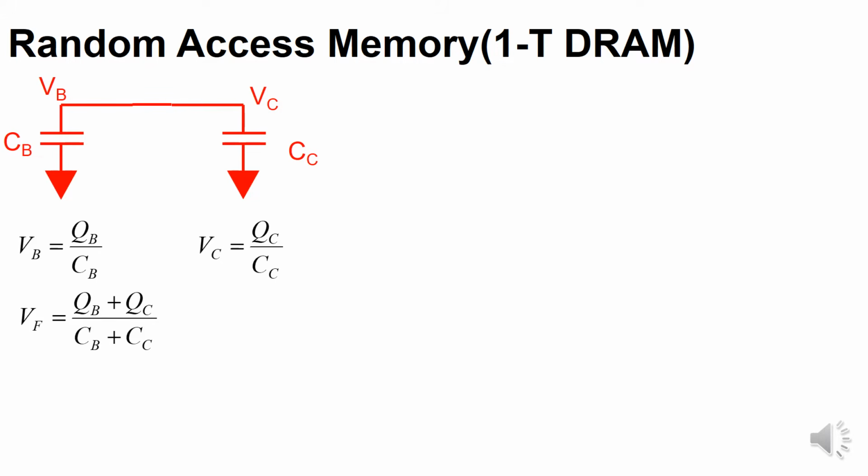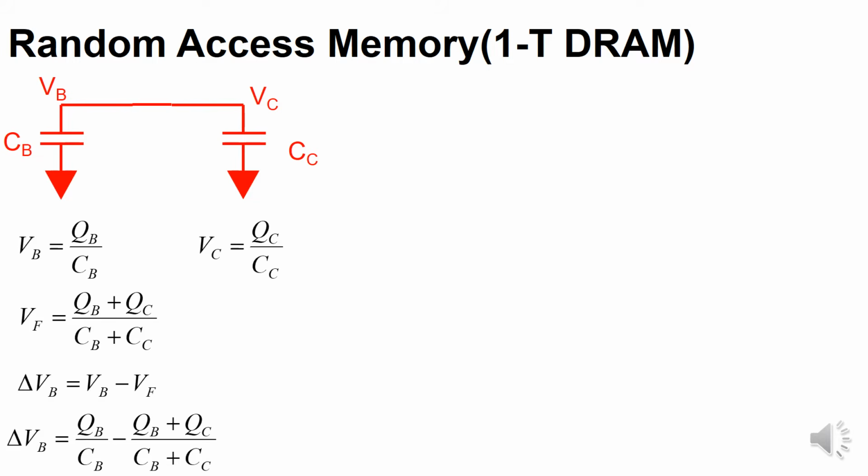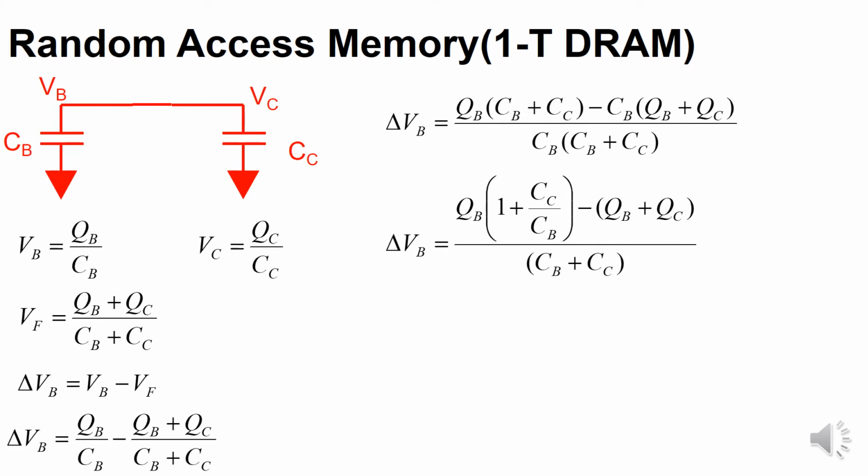Now the difference in the bit line voltage, delta VB, is equal to VB minus Vf, which can be found out using the given calculation. Delta VB is equal to CC into VB minus VC divided by CB plus CC.